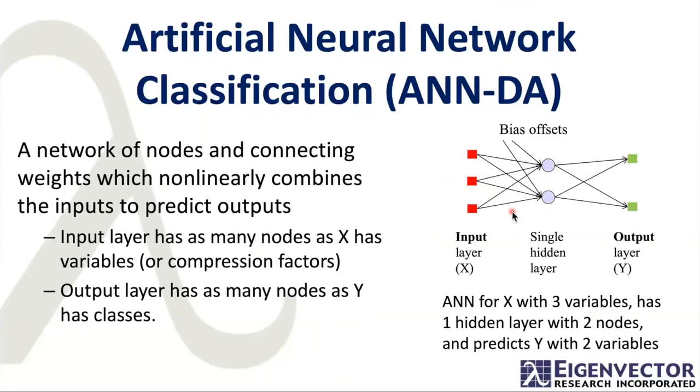Some people do use that idea of determining the complexity of the data by seeing how many nodes you need in a hidden layer, but it's not used very much because the overall focus is more on just getting a good neural network model with however many nodes you want.